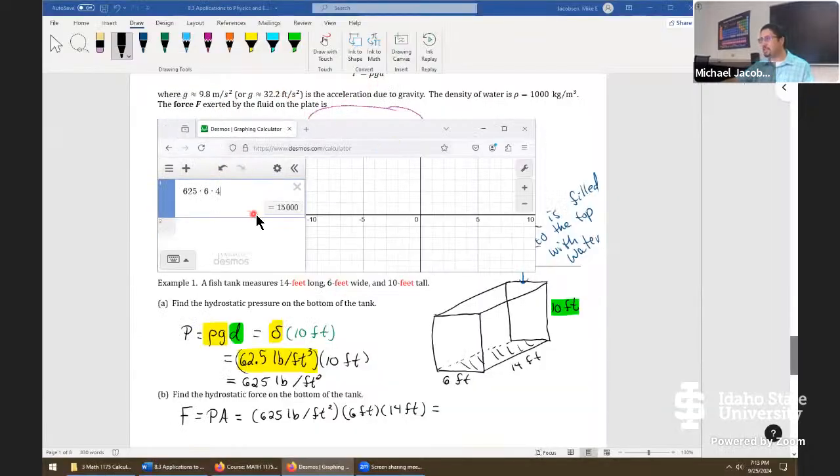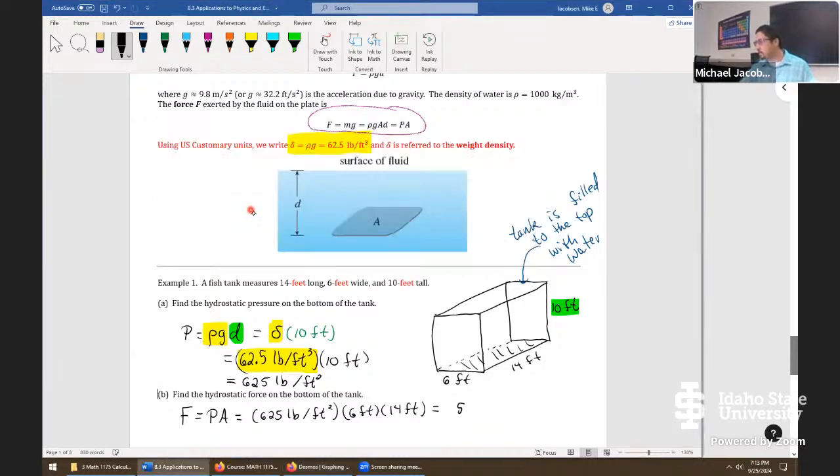There we go. So we end up with, let me double check, that was 14, 52,500 pounds. So that's the actual force being exerted on the bottom of that tank. Observe the feet squared cancel off, and so this is really a force in pounds, which is really just the weight of the water on the bottom of the tank. Any questions at all, folks, with those two questions there?